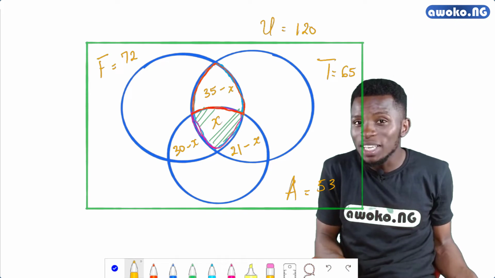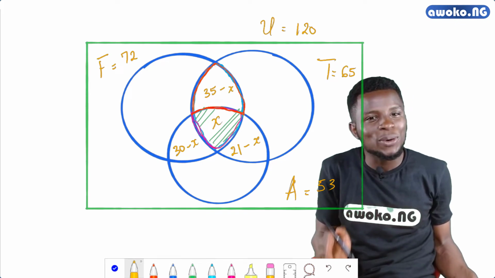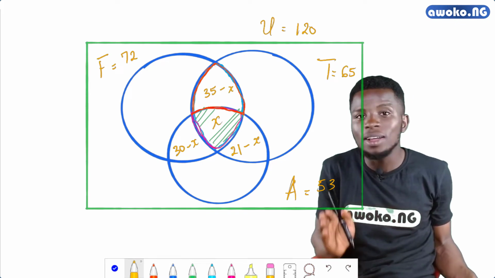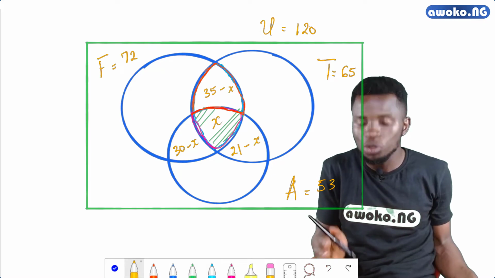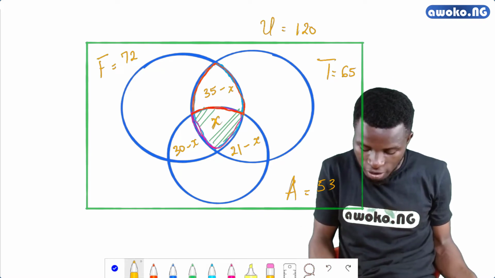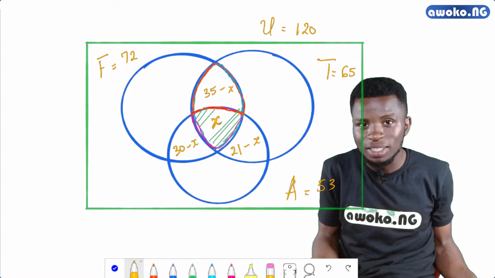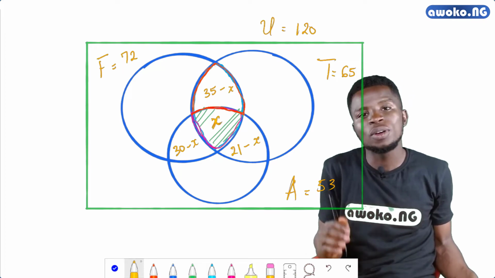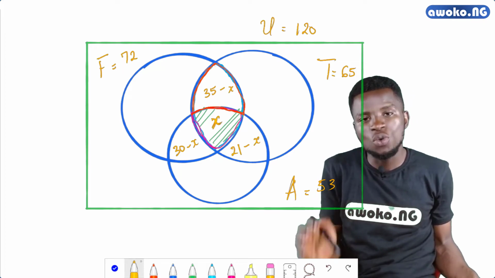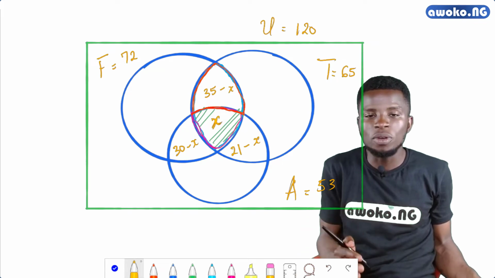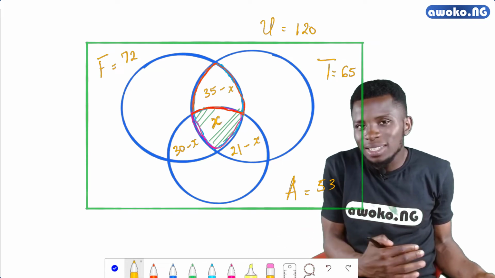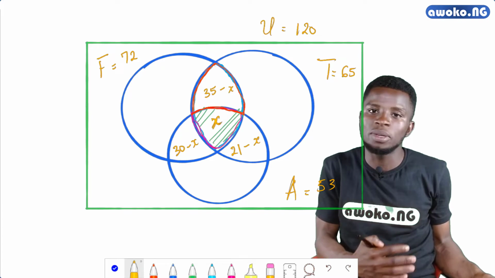The next question is, how many customers banked in all the banks? That is, we should look for the value of X. And how do we do that? The first thing to do is to state the equation or the formula that connects all these parameters together.